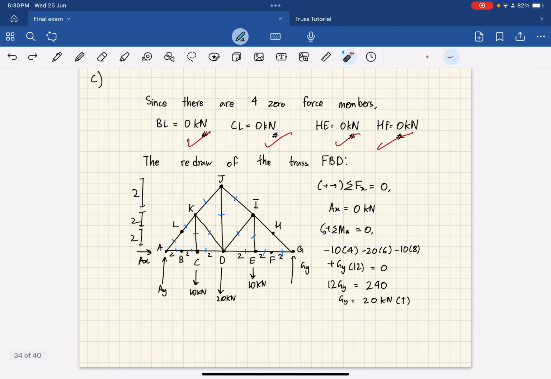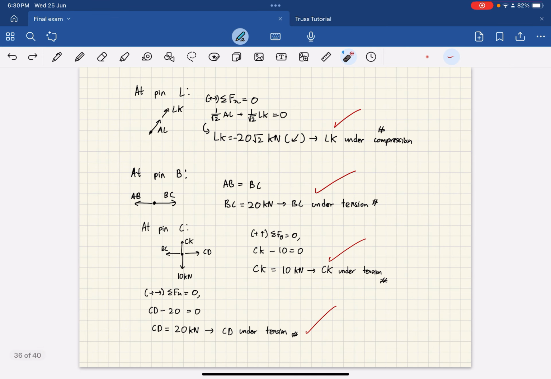Then moving on, I went with pin L first. It's a bit easier because pin L only has one direction, since the others are both zero. Therefore, we can say that LK is also under compression. At pin B, since it's only two forces, AB and BC, we know that BC is also under tension.